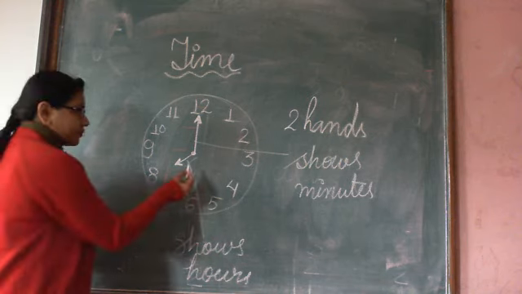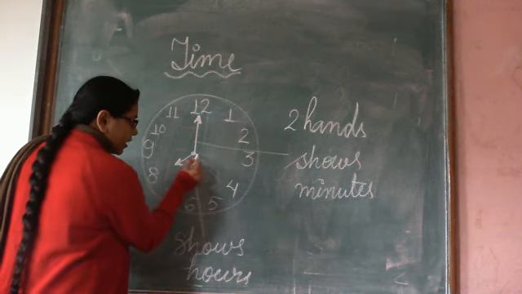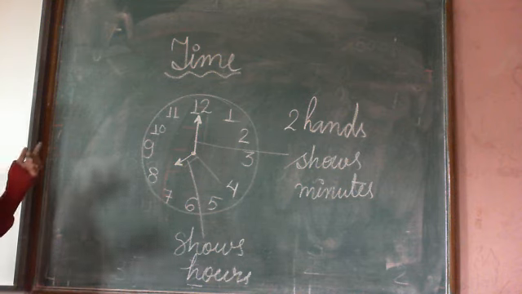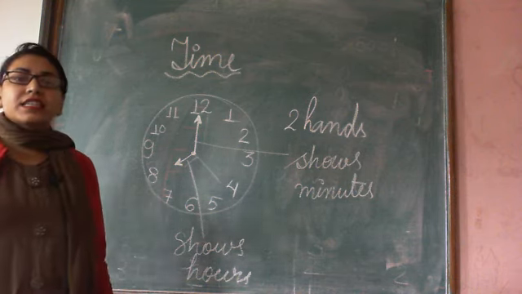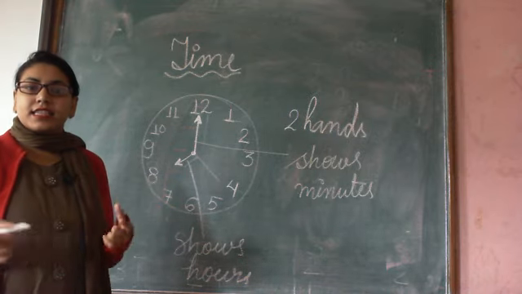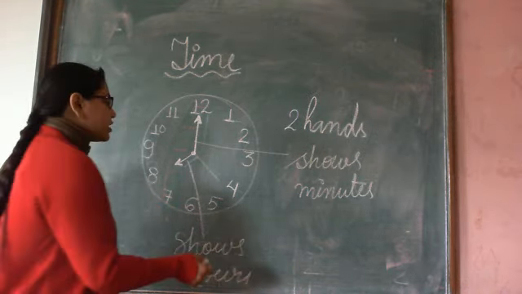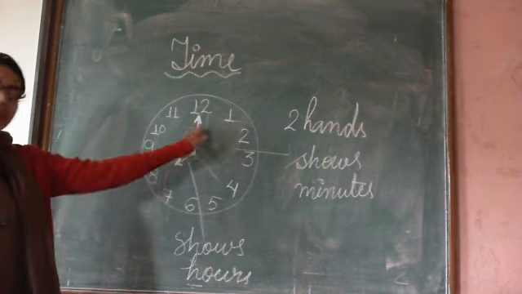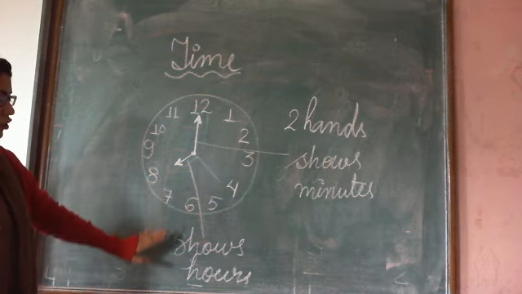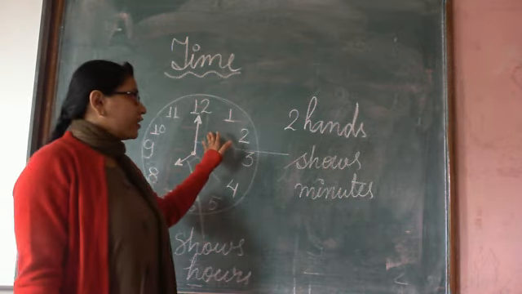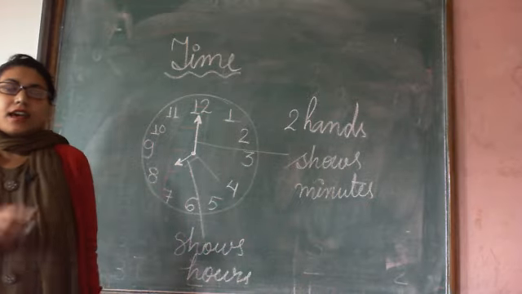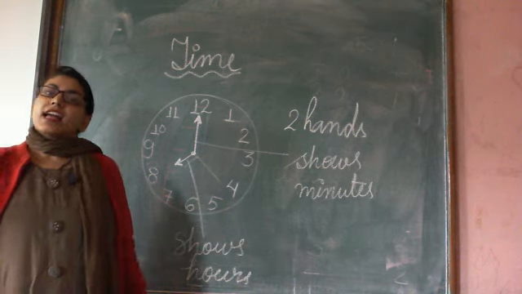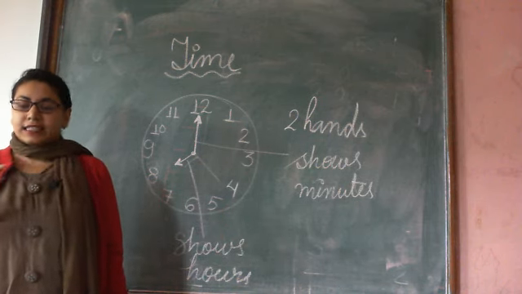And one more, the second hand is also there. It shows seconds. The hand which moves fastest among these three is the second hand.